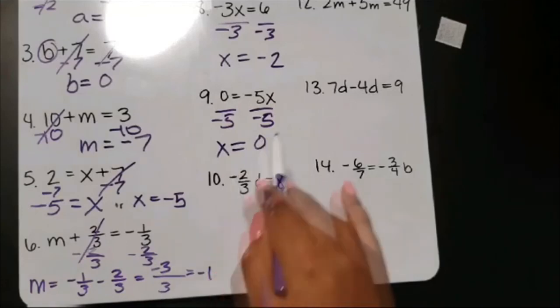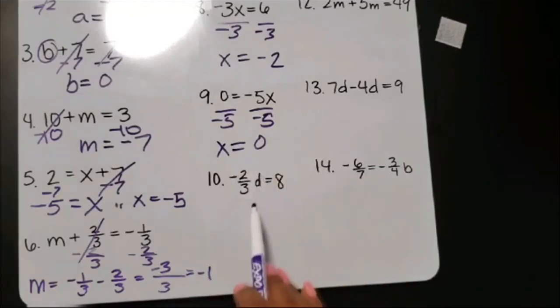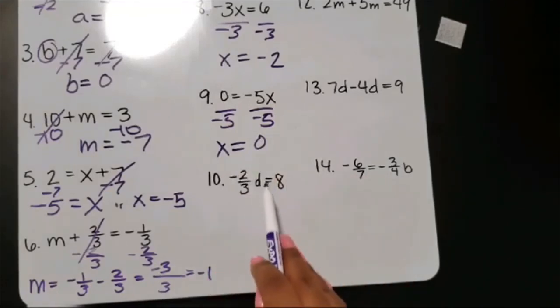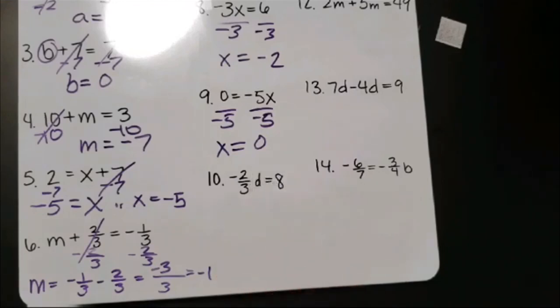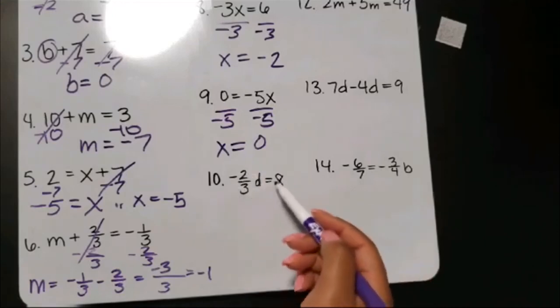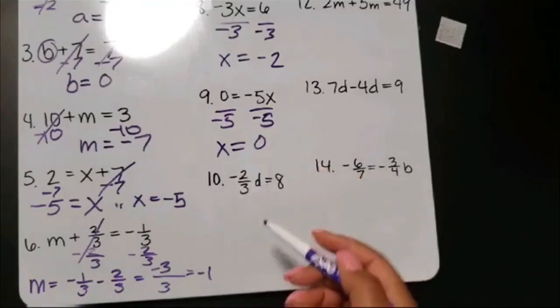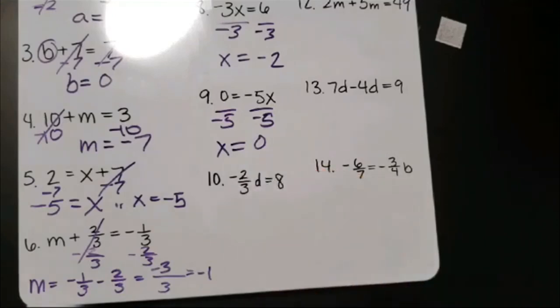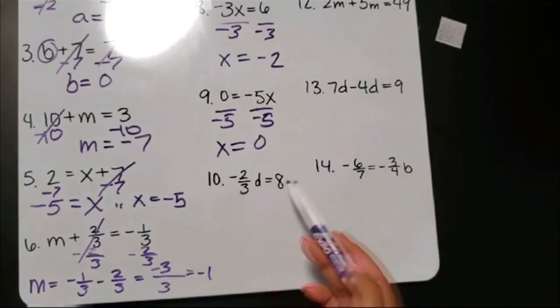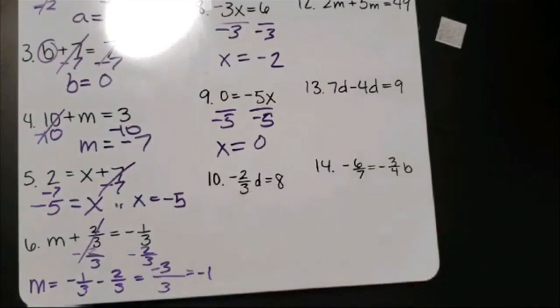We have negative 2 over 3 times d equals 8. So because multiplication is happening, that means we need to divide. But when we divide fractions, we have to multiply by the reciprocal. So that means that we need to multiply both sides of the equation by negative 3 over 2.